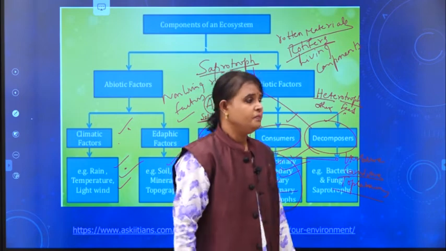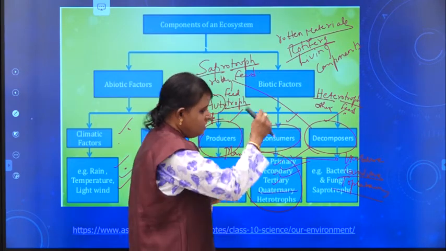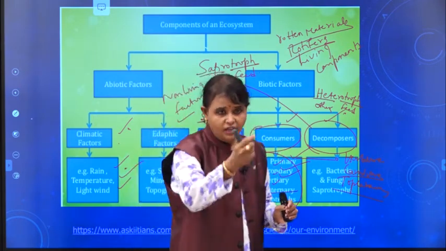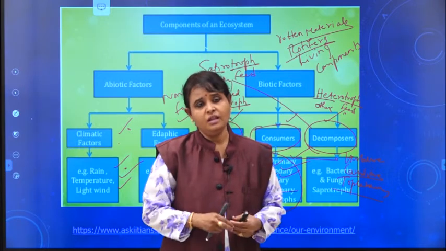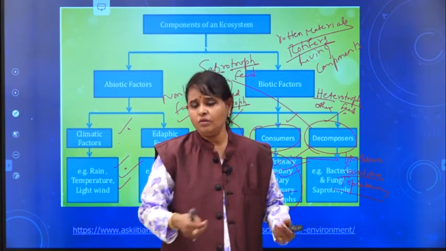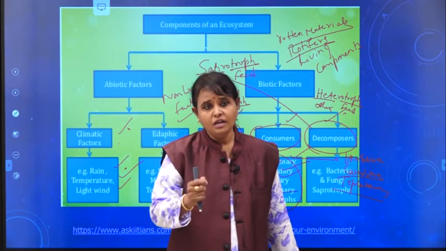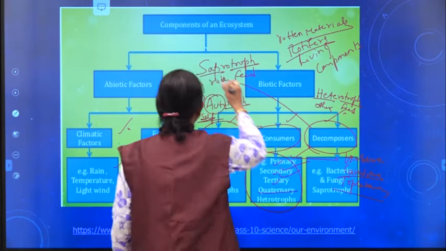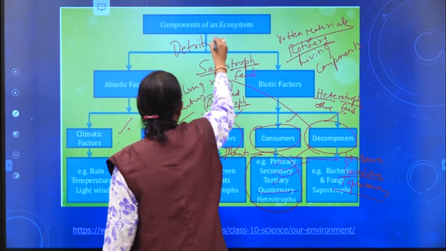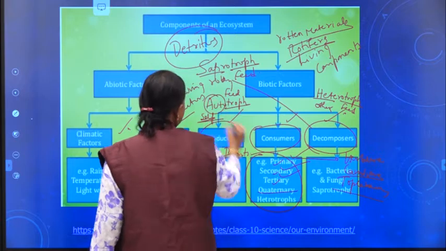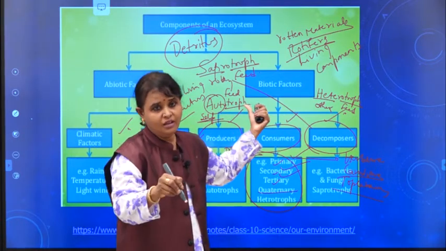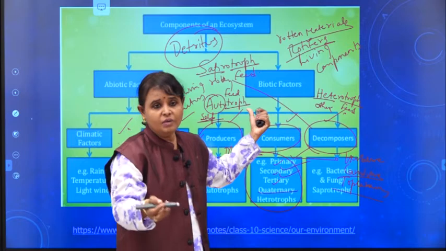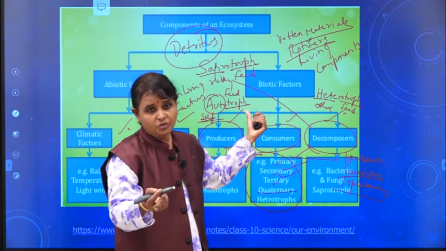Clear? Now there is one small point here: dead organic material, maybe plant material, bird material, insect material, whatever it may be, is called detritus. All of you write in your notes, detritus. Dead organic material, detritus. So these bacteria, that means the decomposers, feed on the dead organic material. Any dead organic material they feed on, that is detritus, I told you.